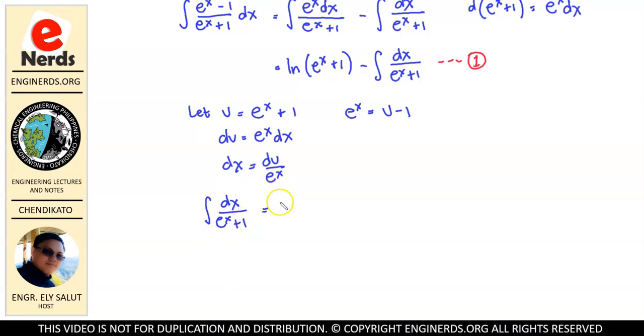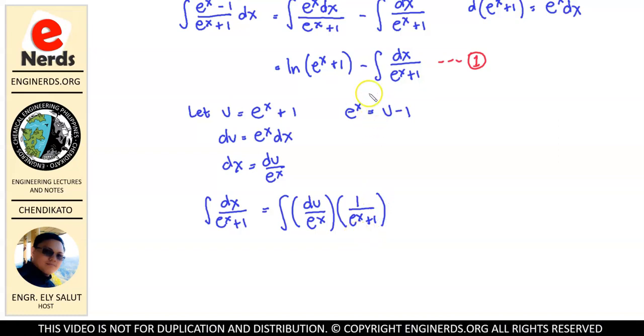Substitute natin yung ating dx. Our dx is du over e to the x. So we have the integral of du over e to the x, and then we have e to the x plus 1 in our denominator.